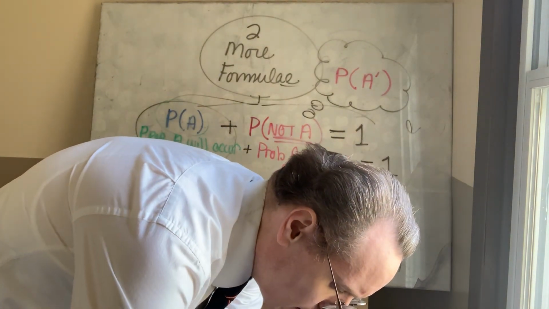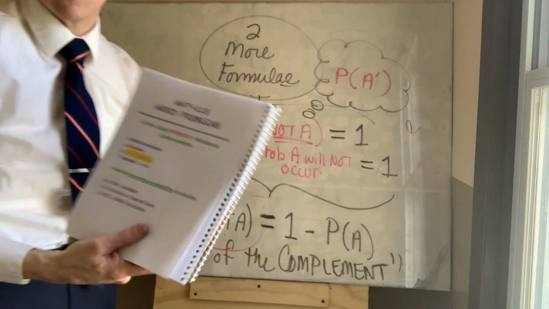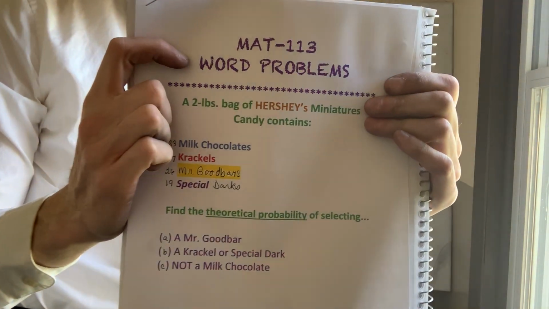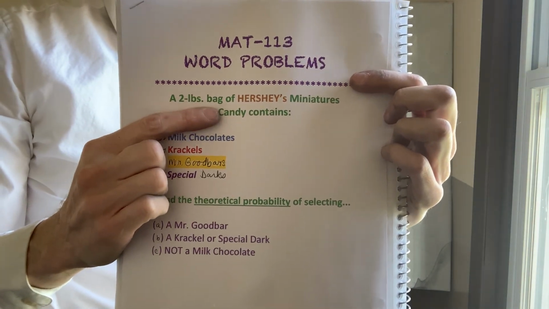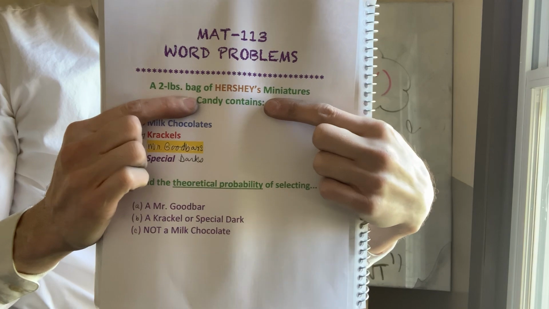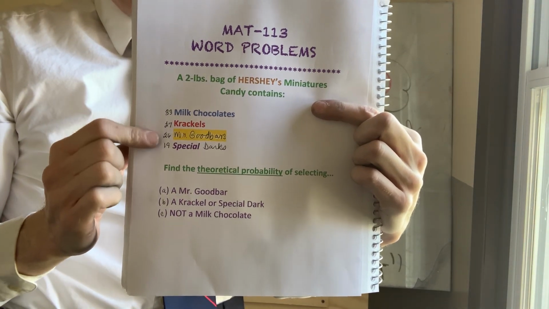All right, now, to kind of get your feet wet on this, there is a handout of a word problem that looks like this. I labeled it like so. A 2-pound bag of Hershey's miniatures candy contains these candies.